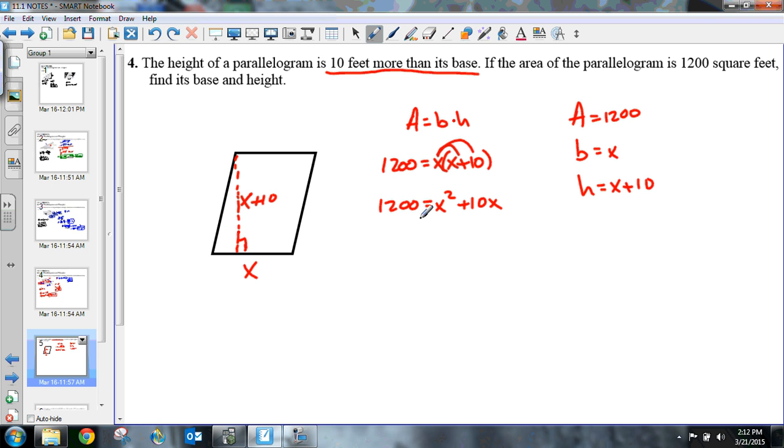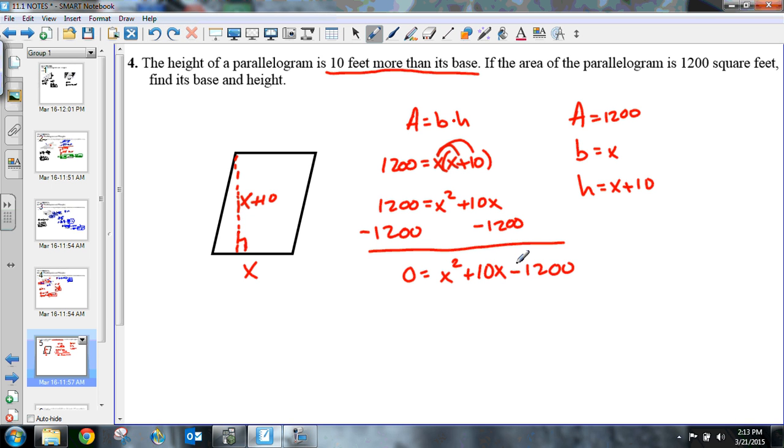Okay, now this is something that's kind of brand new to us. We know how to solve something with x squared equals a number, but we can't do it with another x. So what I have to do is subtract 1,200 from both sides. Okay, and so I end up getting 0 is equal to x squared plus 10x minus 1,200.